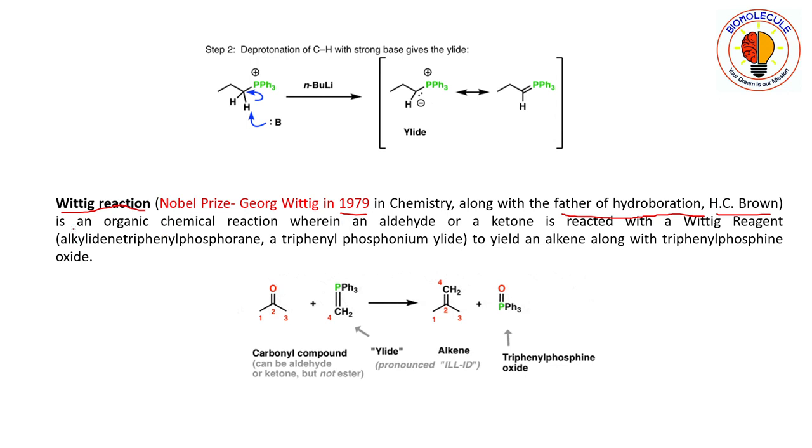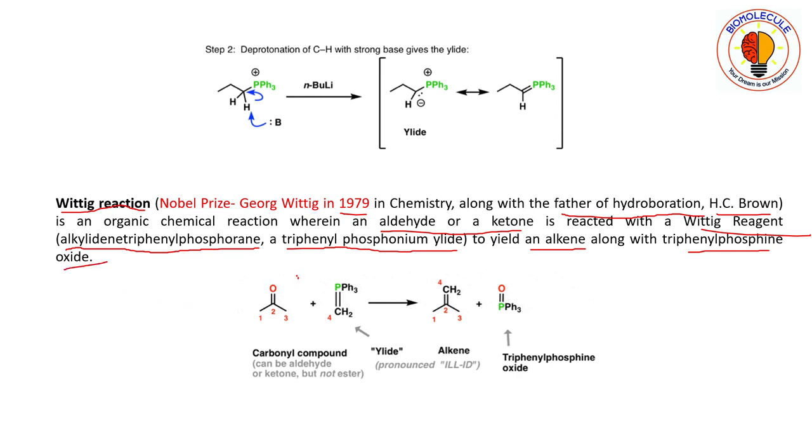This Wittig reaction is an organic chemical reaction wherein an aldehyde or ketone is reacted with a Wittig reagent, the general name of which is alkylidene triphenyl phosphorane, that is a triphenyl phosphonium halide. This reaction yields an alkene along with triphenyl phosphine oxide.